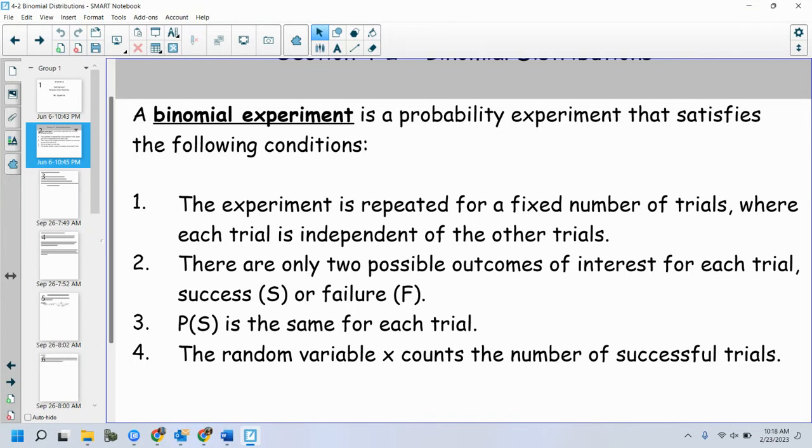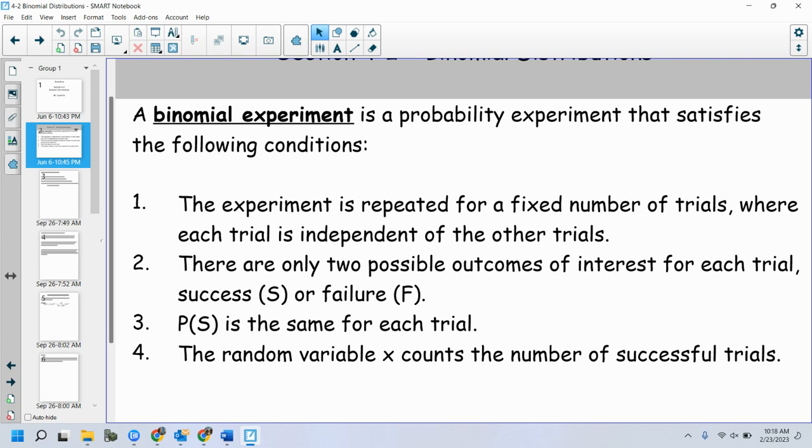No. So each pull was different. But then we threw them back in to do the next trial, so that was a little weird. Each trial must be independent from the other trials.